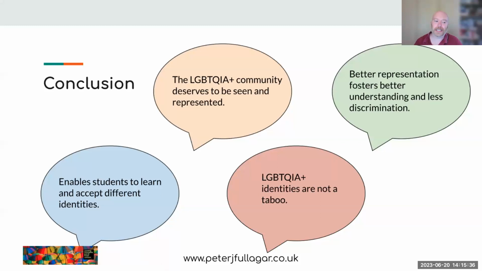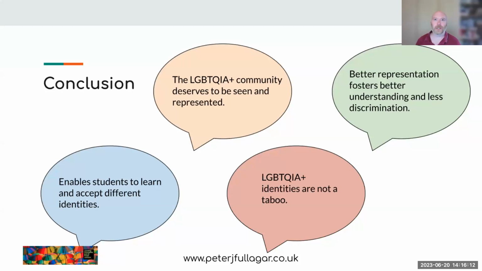So finally, my last slide is my conclusion. And there are four things here. The LGBTQIA+ community deserves to be seen and deserves to be represented, as do, as a caveat, all marginalized identities. If we're talking about inclusion, DEI, we can't leave anybody behind. By discussing LGBTQIA+ identities in the classroom, it allows students to learn about and accept and hopefully respect different identities.